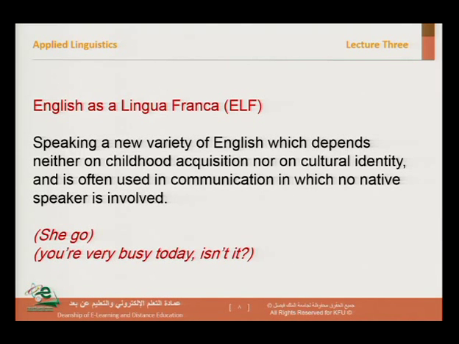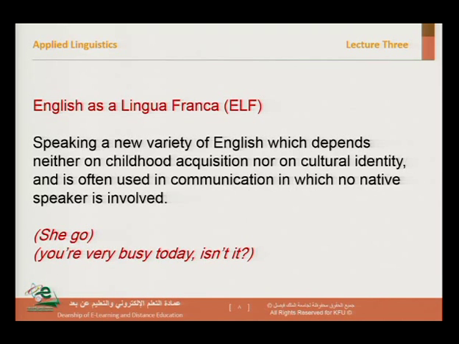Speaking English as a lingua franca means speaking a new variety of English which depends neither on childhood acquisition nor on cultural identity, and is often used in communication in which no native speaker is involved.